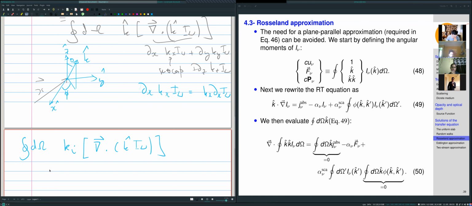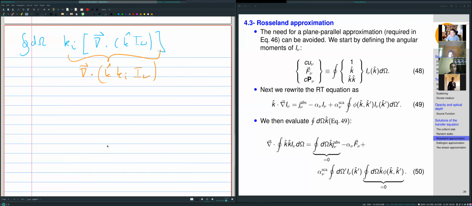I can easily absorb this ki into the divergence again and rewrite this as nabla dot k times ki I nu, with the same argument: this angular direction does not depend on where I'm evaluating the specific intensity field.